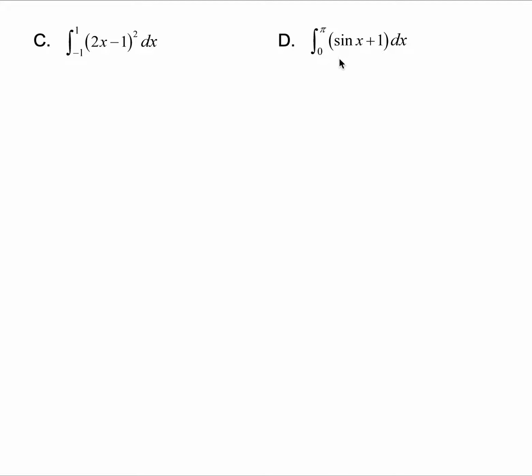So our function should be negative cosine. So the integral for sine should be negative cosine, so that if you were to undo it, you end up getting a positive sine. So you have to have that negative in front. And plus 1 is just x. And you're evaluating this in the interval from 0 to pi.